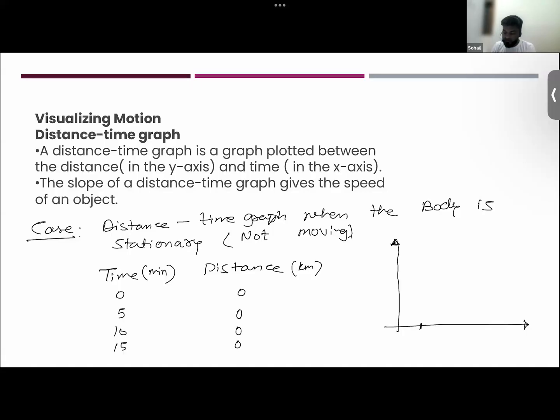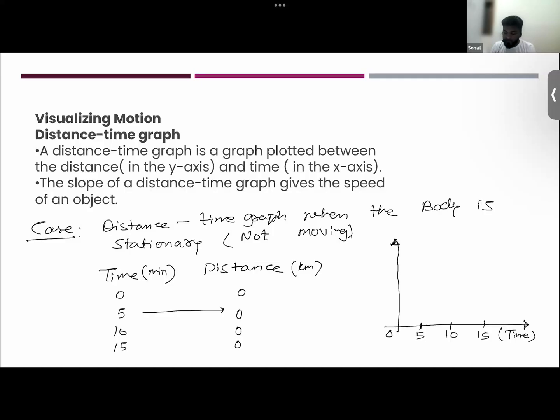You plot time in here: 0, 5, 10, and 15. So at 5 minutes, this is time. At 5 minutes, what was the position of the object? It was not changing.